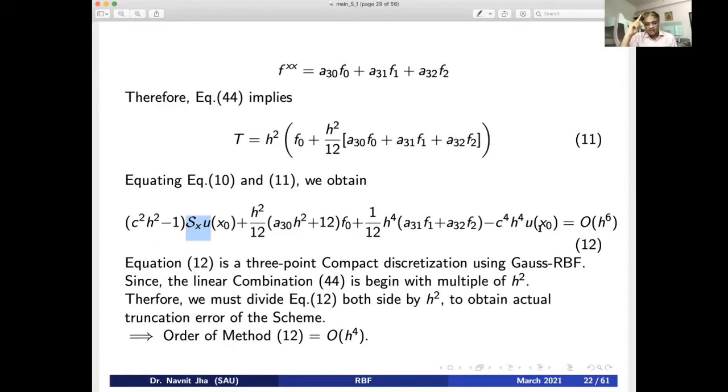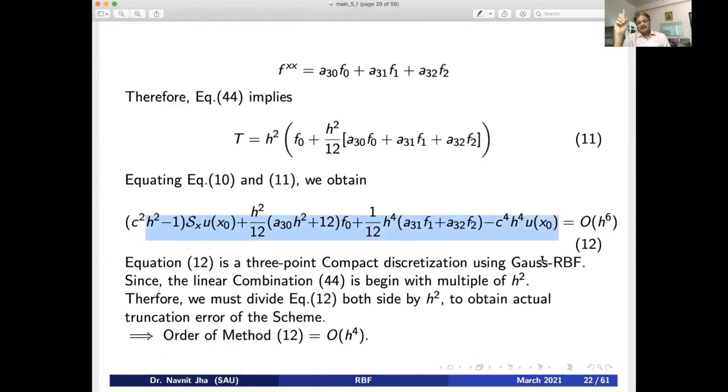Because our linear combination started with a multiple of h square, in the end you have to divide throughout by h square. So when you divide this equation 12 throughout by h square, the right hand side is coming out to be order h4, and that is the actual order of the scheme.